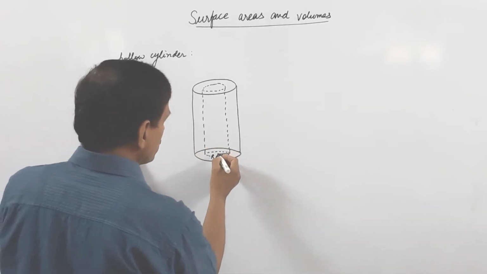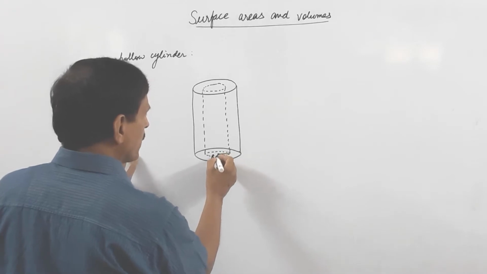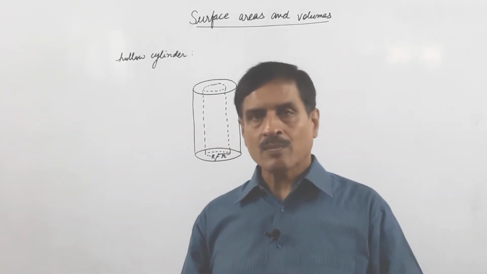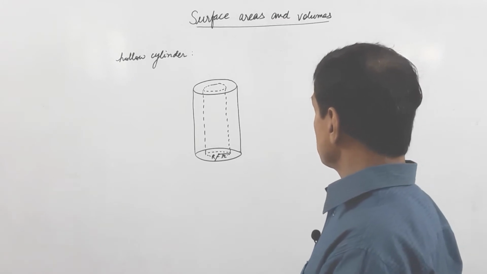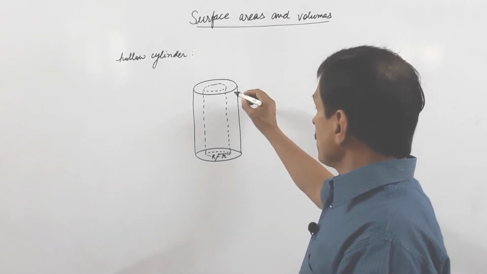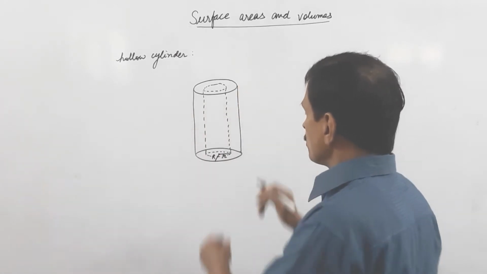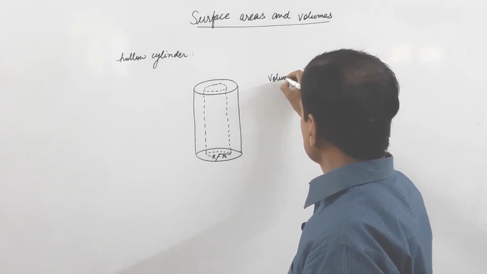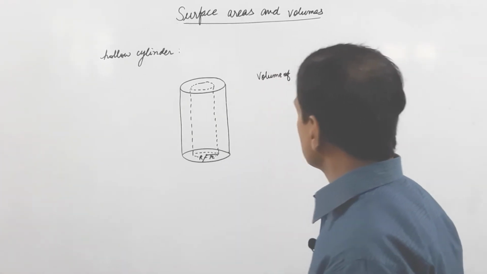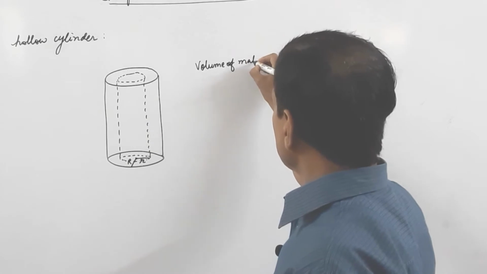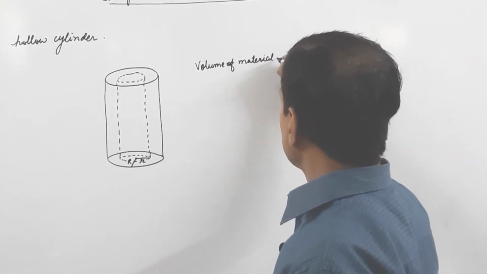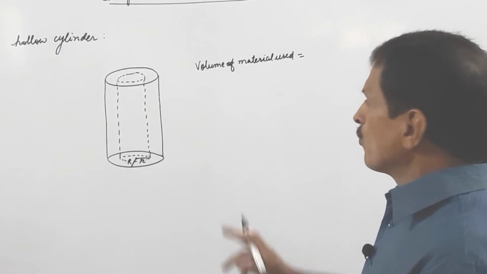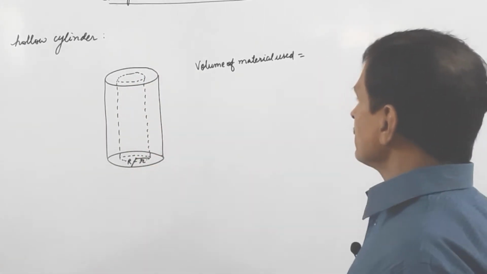The inner radius is small r and outer radius of the base is capital R. Now, the volume of the material used to make this hollow cylinder is equal to volume of outer cylinder minus volume of inner cylinder.